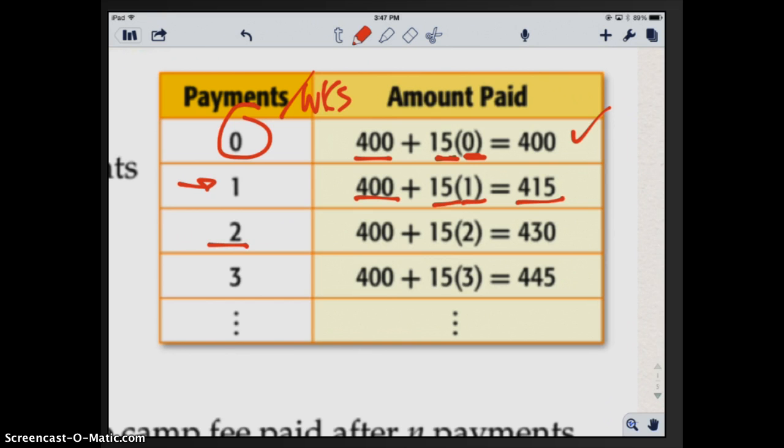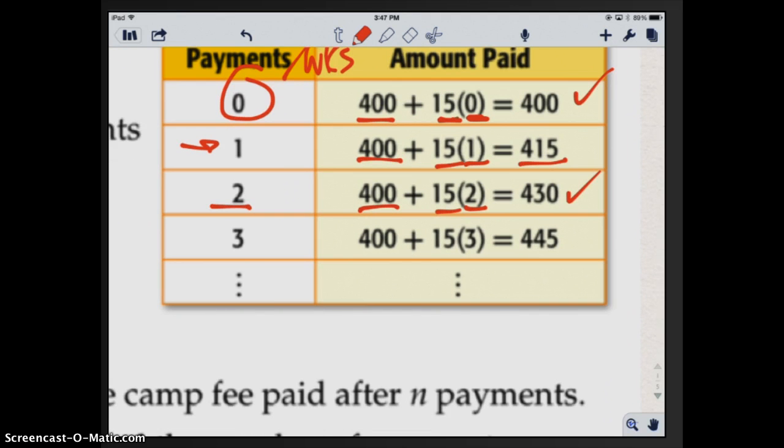After 2 payments or 2 weeks, your parents still have only paid the $400, and you pay 2 payments of $15 apiece, so $430. You can continue this pattern and hopefully notice that these numbers here are the only ones that are varying. That's why there's going to be a variable in that spot.